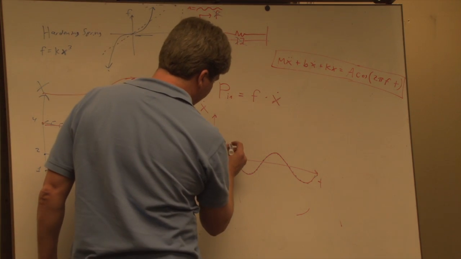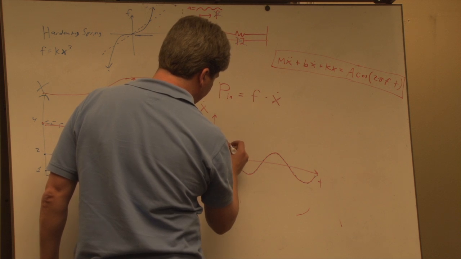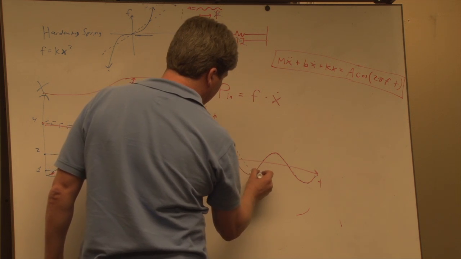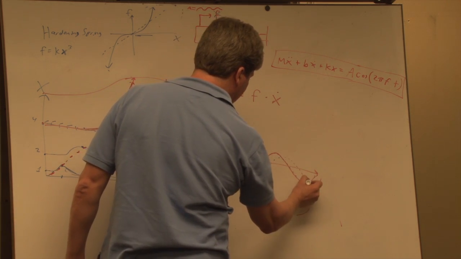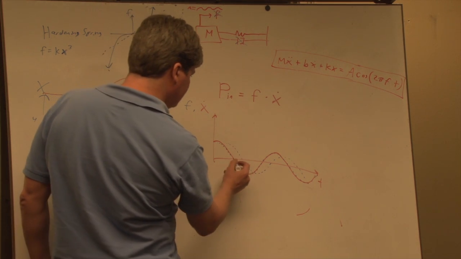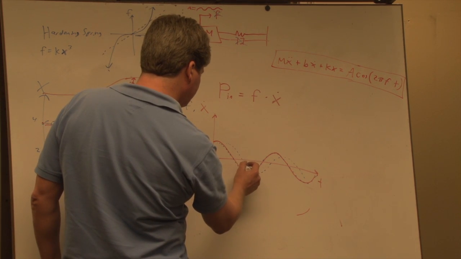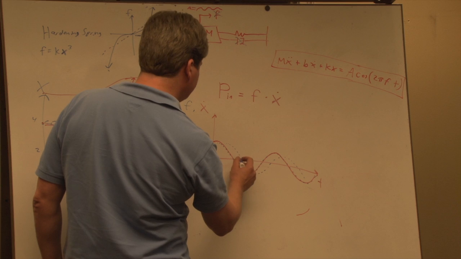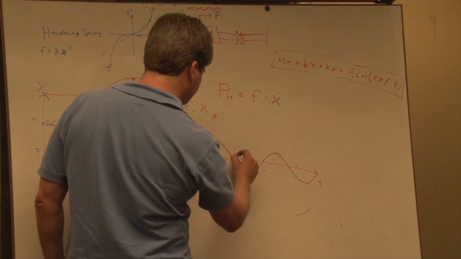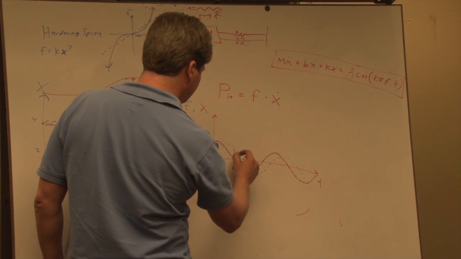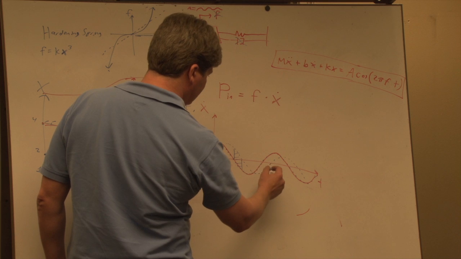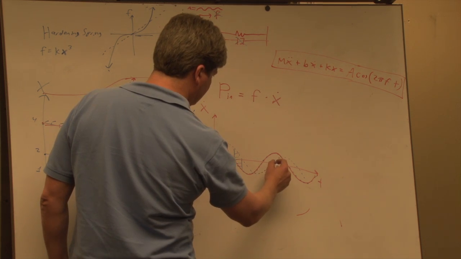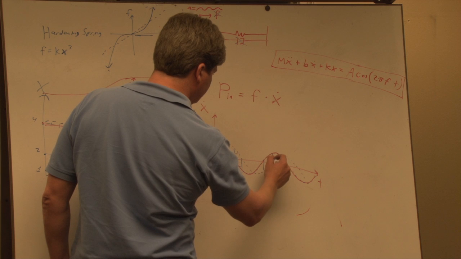Because if you weren't in phase, when one's positive and one's negative, from here to there you'd be doing negative work, and from there to there you'd be doing negative work.